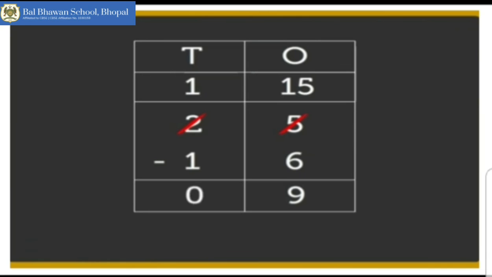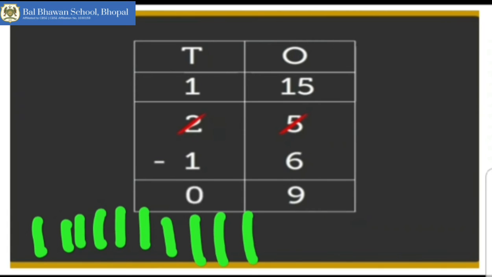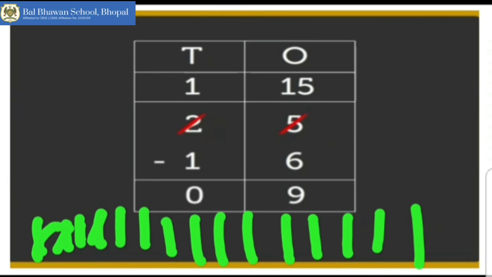So now you can draw 15 lines, 1 2 3 4 5 6 7 8 9 10 11 12 13 14 15, and you have to minus 6, so it means you have to cross out 6 lines. 1 2 3 4 5 6. Now count how many lines are left. 1 2 3 4 5 6 7 8 9. So 15 minus 6 is 9.